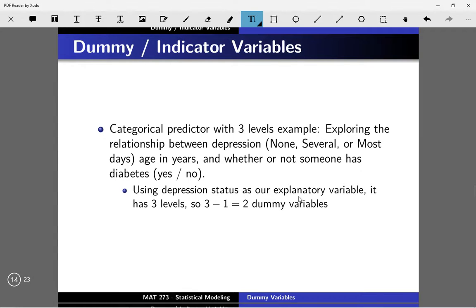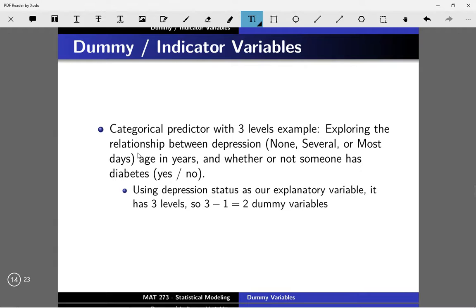So this is sort of like an ordinal variable in that these are ordered levels, but we're just going to treat it as categorical. We're going to ignore the ordering for now because we're looking at just the logistic model. Although there are more complicated models that can handle ordinal data like this, we're not worrying about that for the moment.